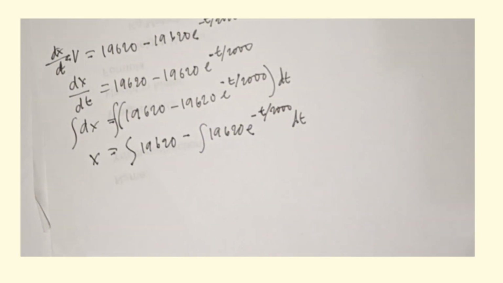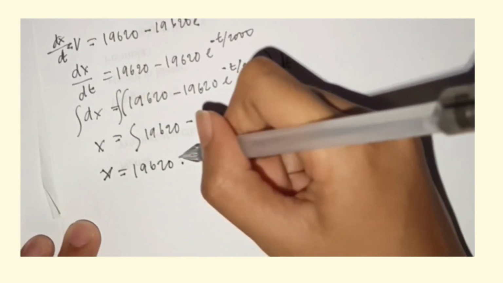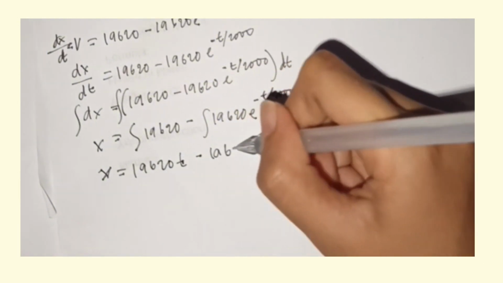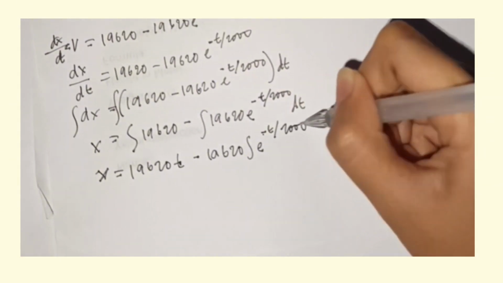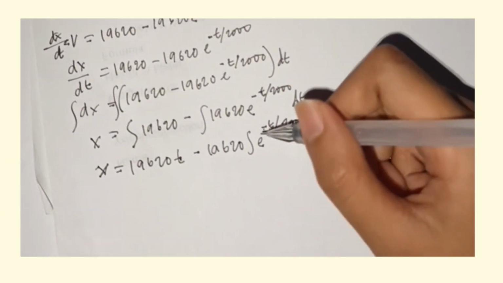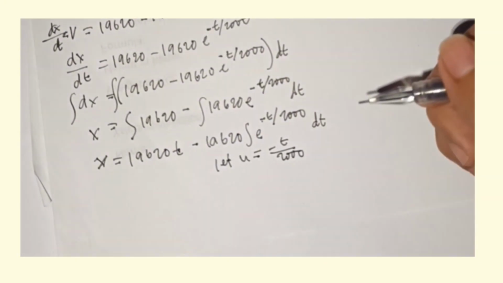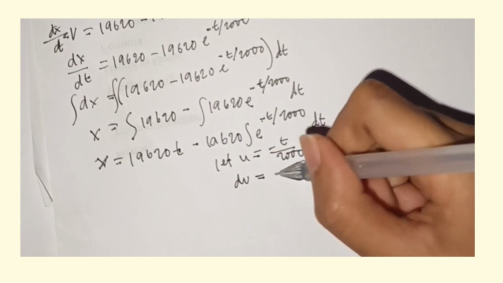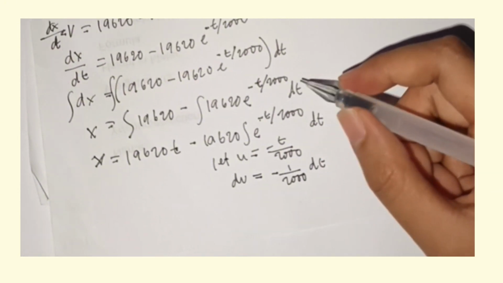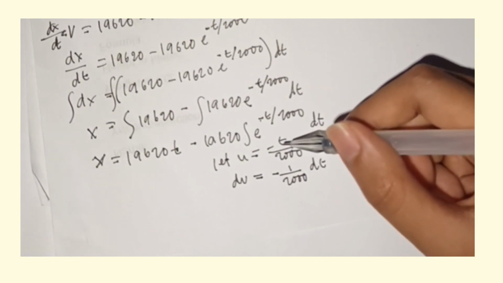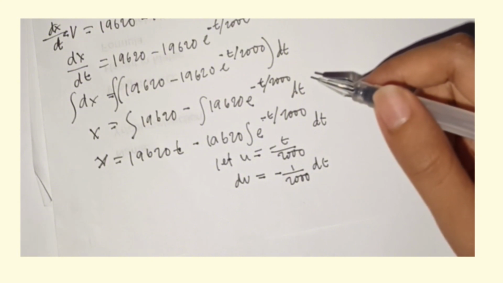Upon integrating, we let u equal negative t over 2000, so du equals negative 1 over 2000 dt. As you can see, we need a correction factor of negative 1 over 2000 in order to integrate the function.